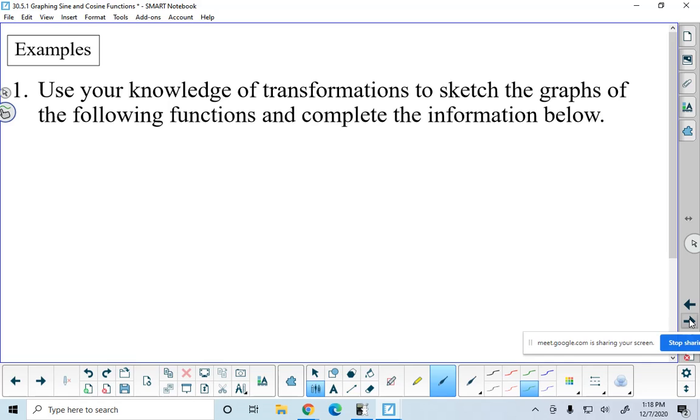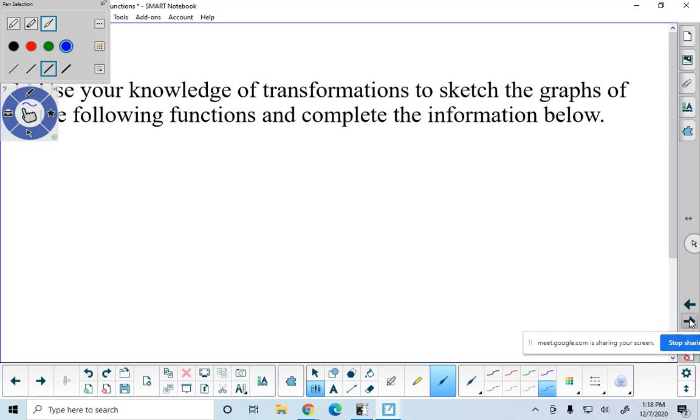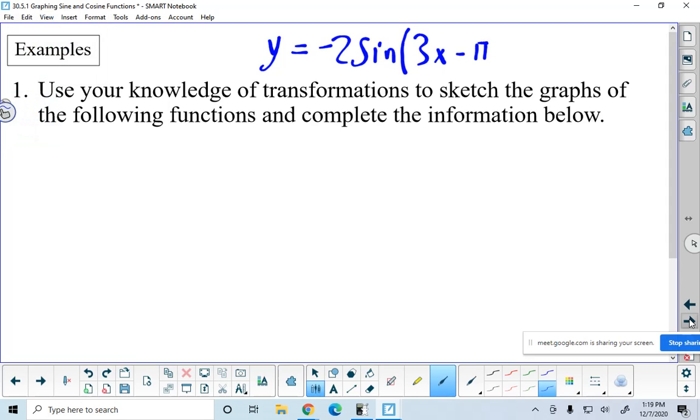So for example, please don't write this down, you need to be able to tell me the domain and range and everything about this graph, which includes all kinds of transformations of the graph of sine of x. And that's what the remainder of this lesson is dealing with, and that's all we're doing today.